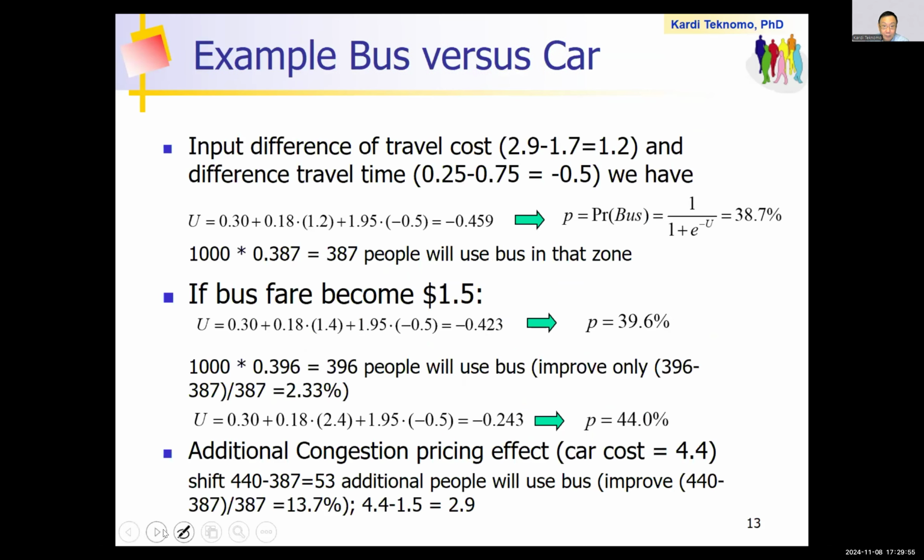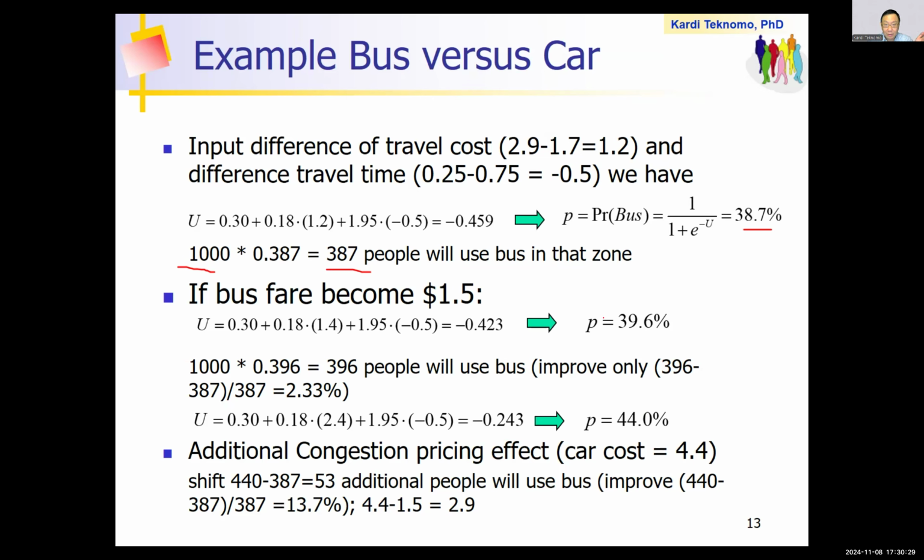Because they are based on differences, you get the difference first in the travel cost and travel time, and you input the values, and you will get, say, 38%. Then you multiply this probability with the number of trips within that cell, so you get the number of people that will use the bus from that origin to that destination.